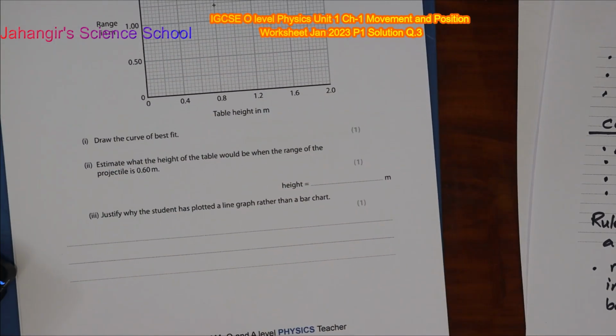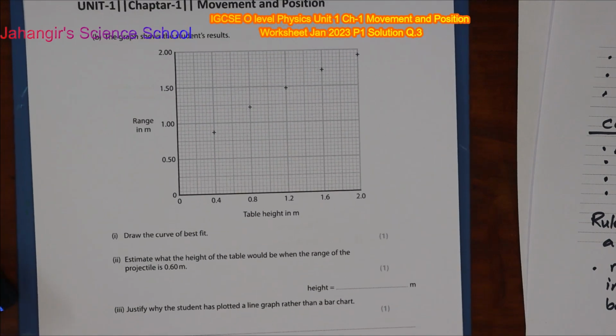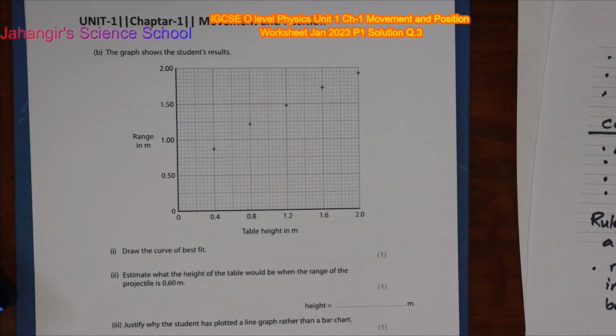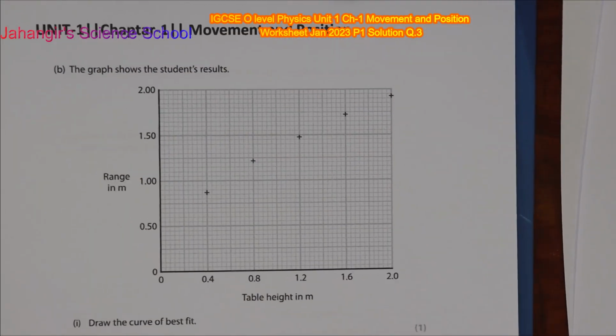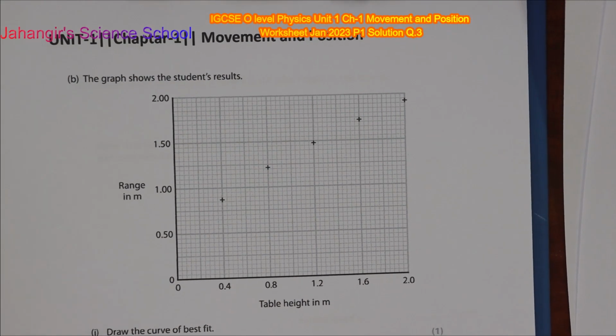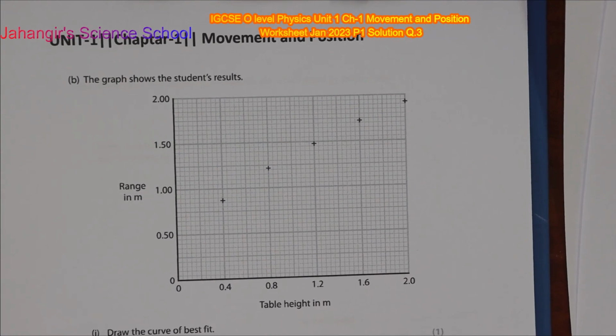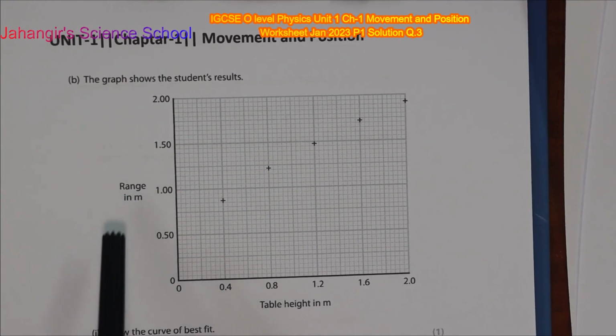Now question number B. The graph shows the student's results. Range in meters on the y-axis and table height in meters on the x-axis.